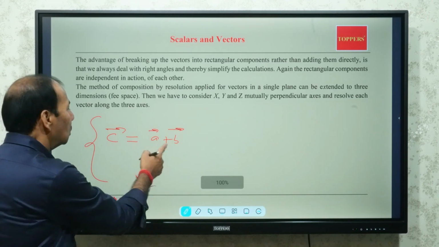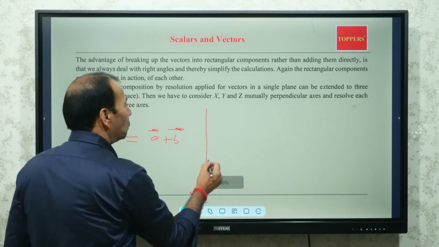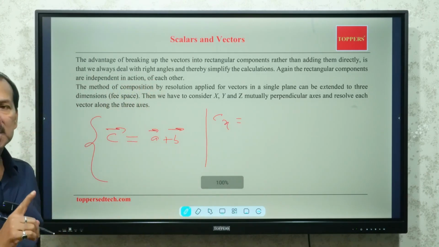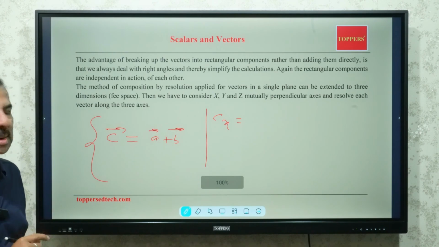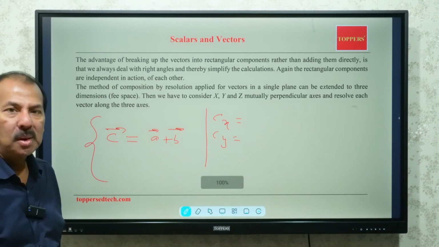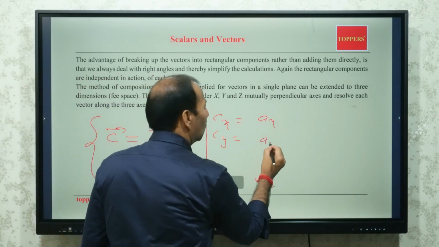Now, suppose Cx is the resultant of the x components of the vectors, and Cy is the resultant of the y components of the vectors. Let us say this is equal to Ax plus Bx, and this is equal to Ay plus By, as we have just calculated.